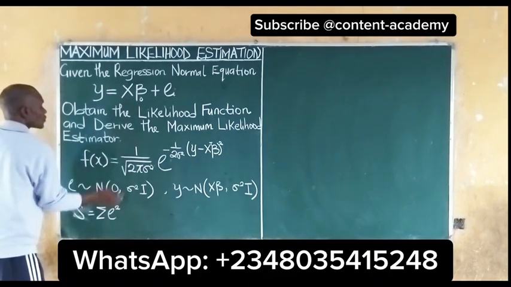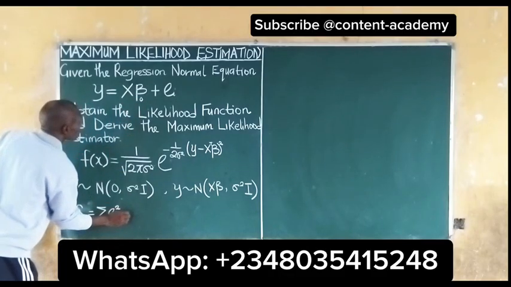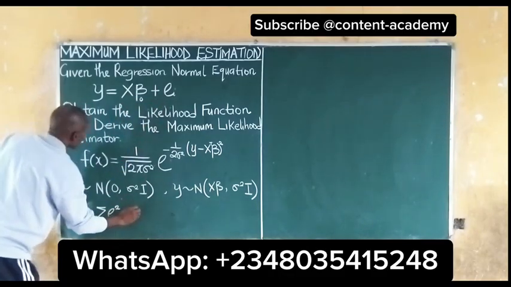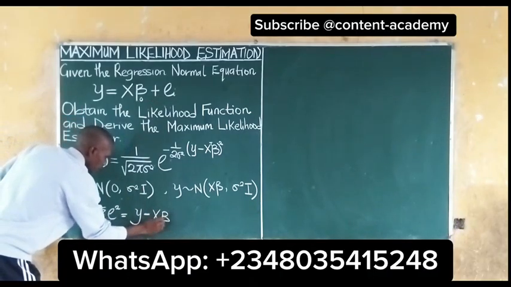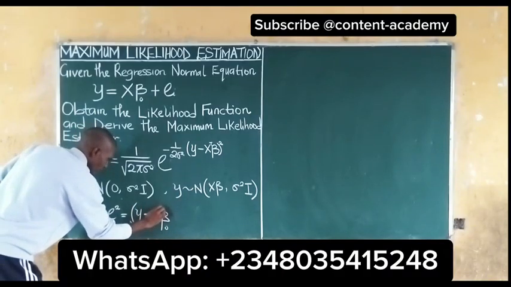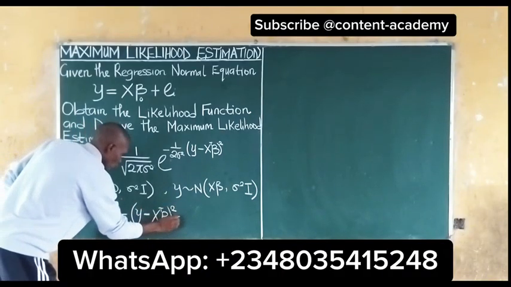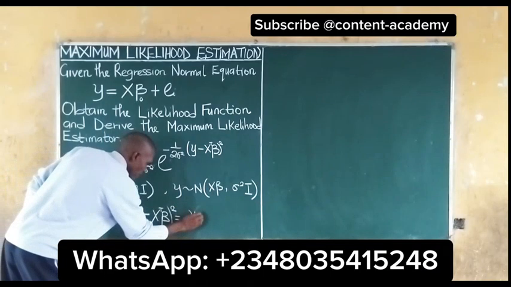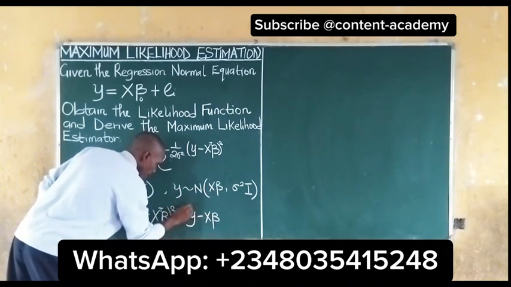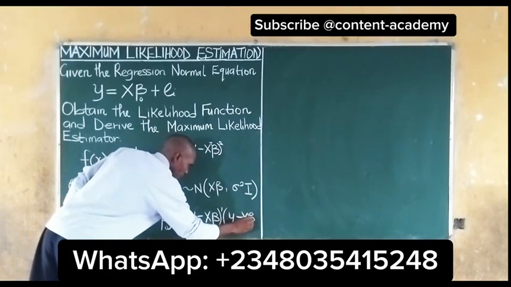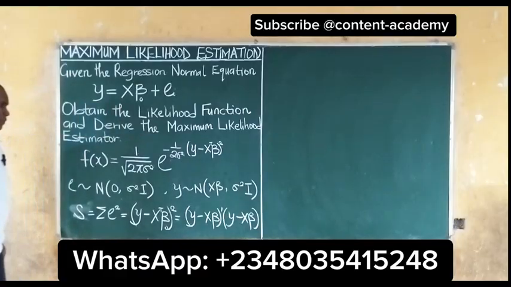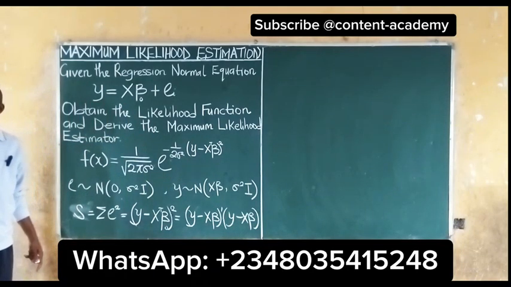And if we make e the subject of the formula, we'll have y minus xb naught square, which is the same thing as y minus xb. So that is how it came about.